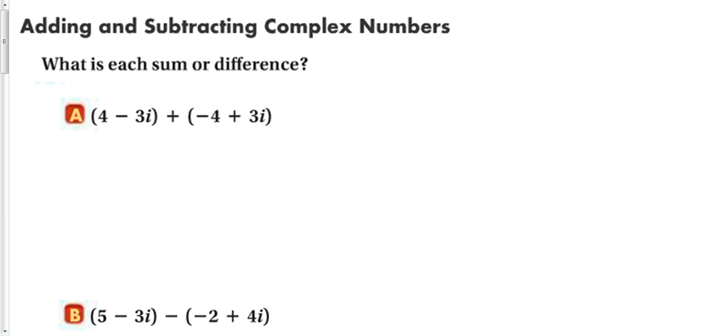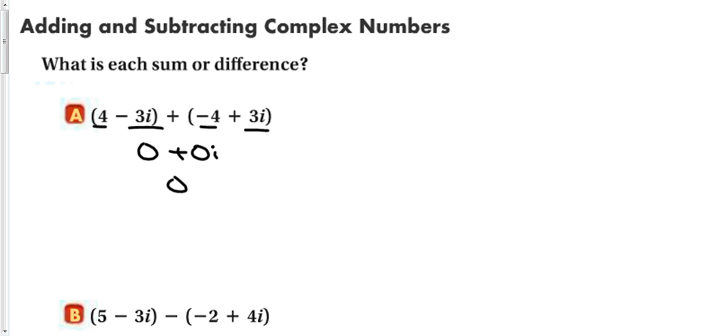But if you think about it as almost like a variable, combine the real parts and the imaginary parts separately, and we can see that this is going to be pretty easy. 4 and negative 4 is 0, negative 3 and positive 3 is 0i. That means that this is going to be equal to 0.